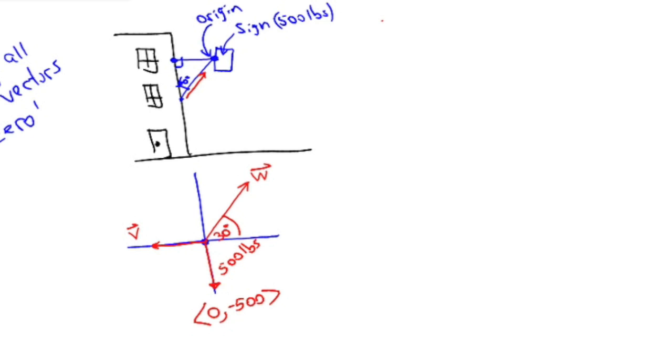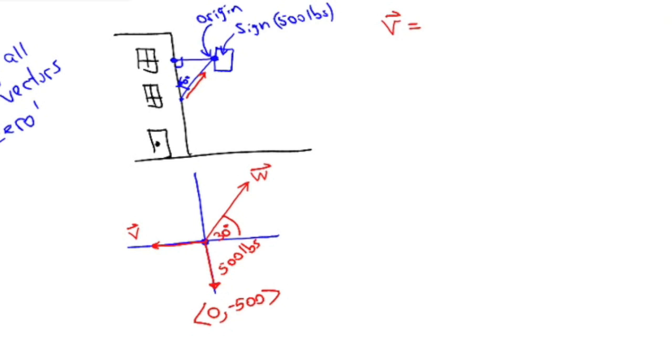So what can I say about vector V? What do I know? Not much, other than the only component working on it is what? The sine. But it's only moving along the x-axis. So what's 0 in this case?